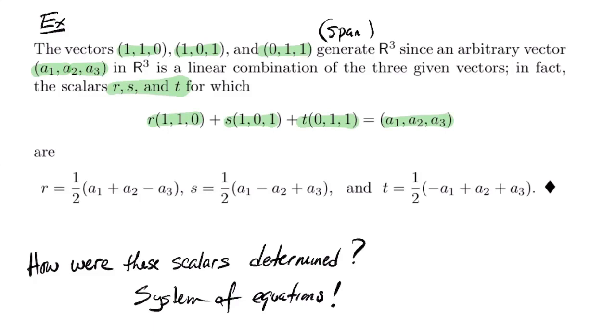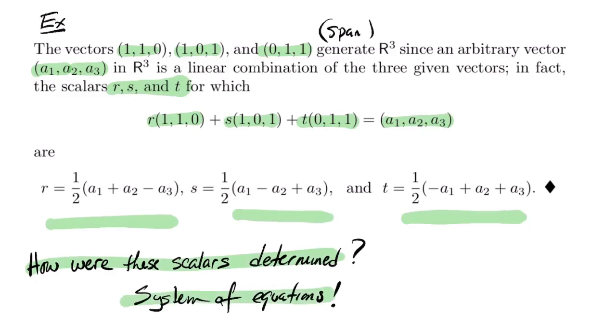And then the author just claims, well, take R to be this, S to be that, T to be that. So how were those scalars determined? Well, by solving a system of equations. I'm not going to do it here in the lecture, but what system of equations?